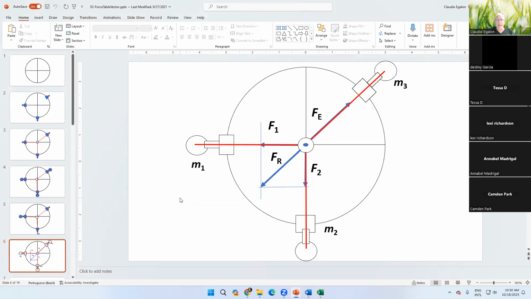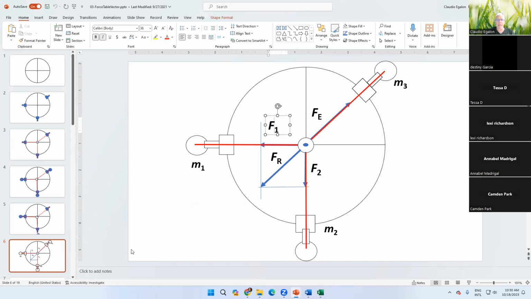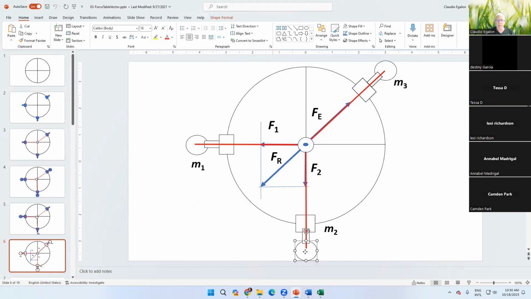So here you go. Here's an example. Mass 1 is producing a force F1. Mass 2 is producing a force F2. And you end up with this resultant force. We want to center the ring. When we center the ring, we have what we call an equilibrant force, which is going to be M3 at the proper angle theta 3.